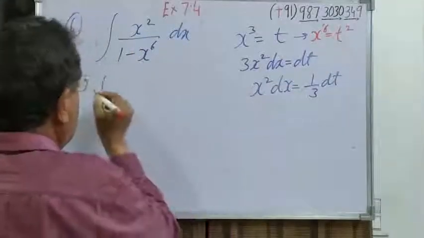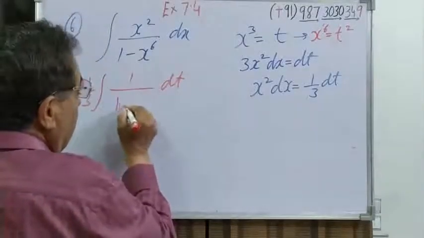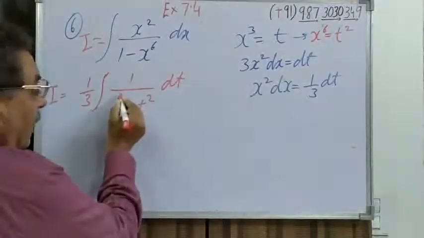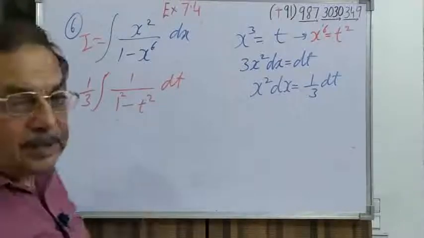Now the question becomes x square dx is 1 by 3 dt. We write 1 by 3 outside, and dt over 1 minus t square. So this is how the question reduces. Our I becomes 1 by 3 integration of 1 upon 1 minus t square. 1 can be written as 1 square, so it becomes a square minus t square.